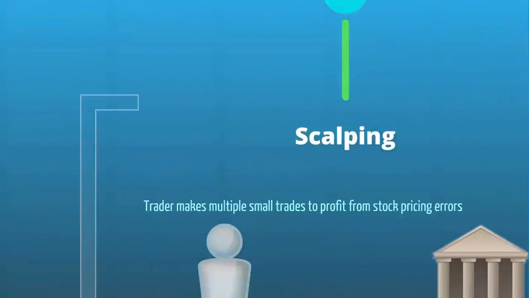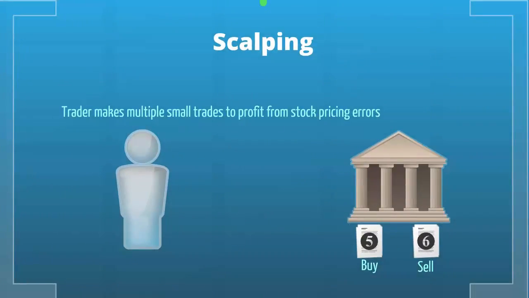Next, we have scalping. This trading technique involves making several small trades very, very quickly. This type of trading only works when there is a difference between the bid and the ask prices. Think of it as arbitrage, but in this instance, the trader is doing it within the same market, often within seconds or minutes. The profits are extremely small and almost non-existent now thanks to high-frequency trading.